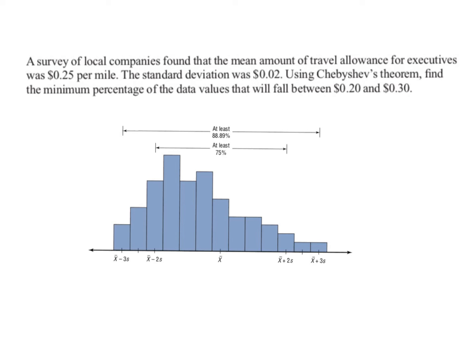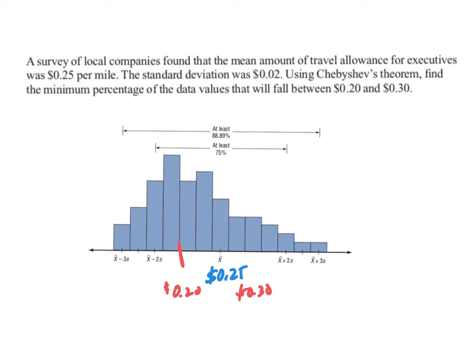What we're saying here is that the mean is 25 cents. We're going to go up to 30 cents and down to 20 cents.